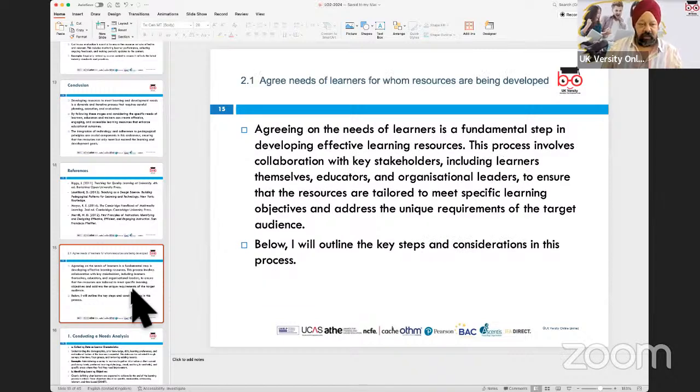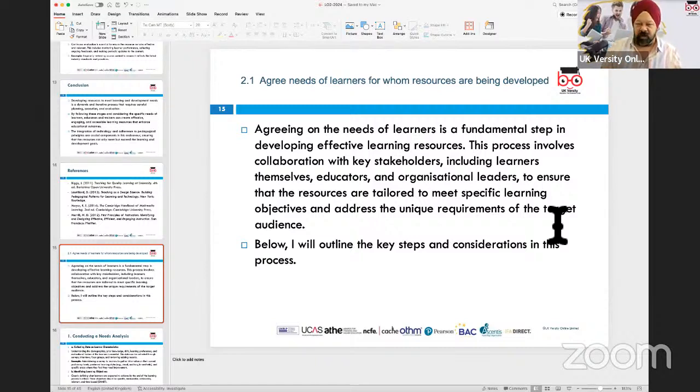Now we get into the first assessment criteria, and here what we are looking at is we need to look at the whole ecosystem. So if you're working within a college or a school or an educational institution, you look at who the key stakeholders are who are going to be involved in the teaching and developing of those teaching and learning processes. And within that process, there'll be individuals who are involved primarily in the development of resources.